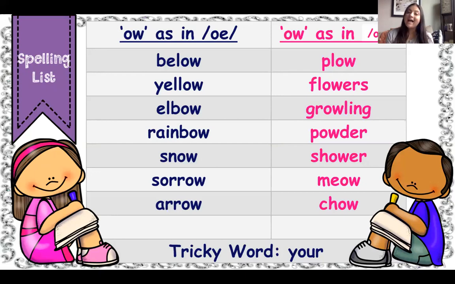Okay. On the other side of my list, I see O-W as it says ow, like the word plow, flowers, growling, powder, shower, meow, chow. And as always, we have our tricky word for our spelling list, and this one is your.